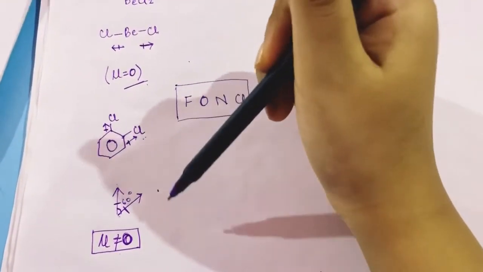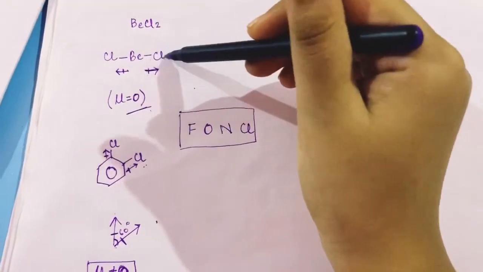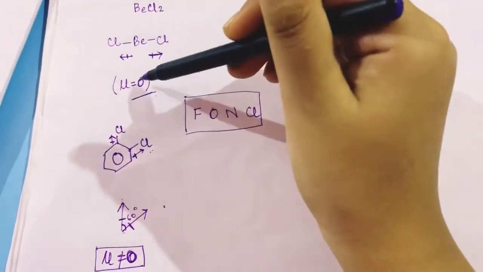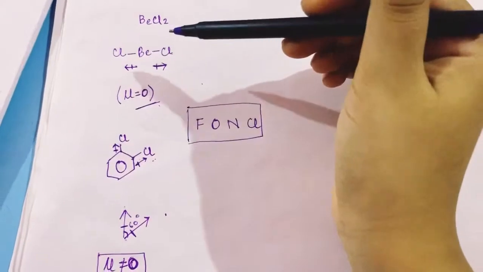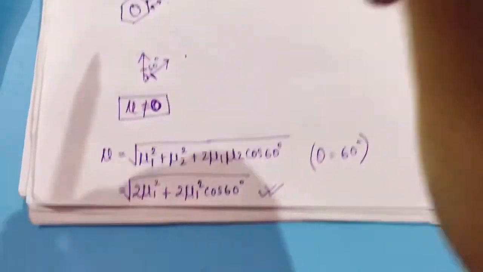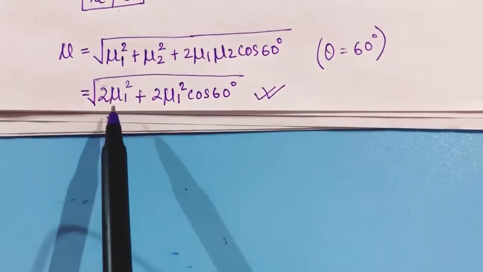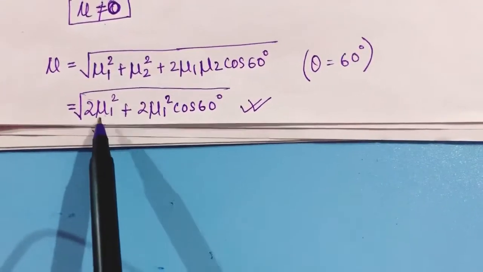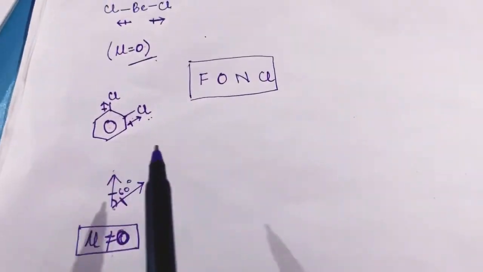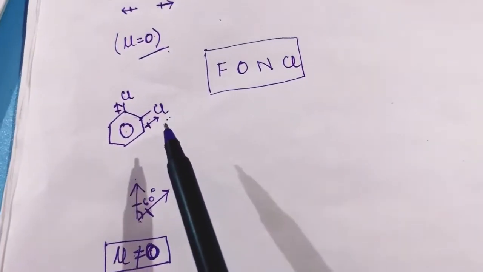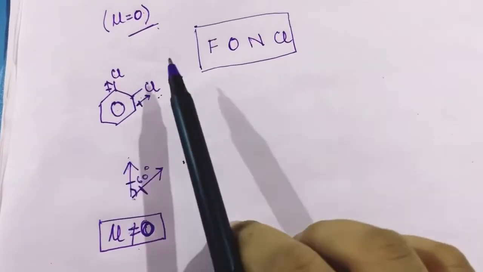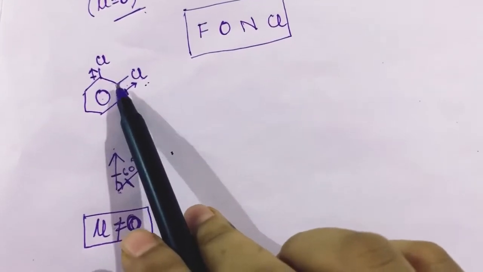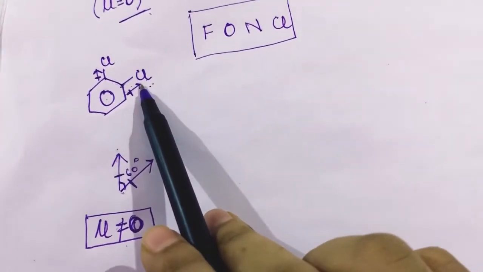Rather, we are doing it simply by seeing the structure. If it is 0, then we don't have to calculate at all, but if the value of mu has to be found out by the mathematical formula, then we will use it. For that, we will be provided with the bond length, and we have to calculate the charge on each of the atoms in each of the ions. For that, you can refer to my previous video.